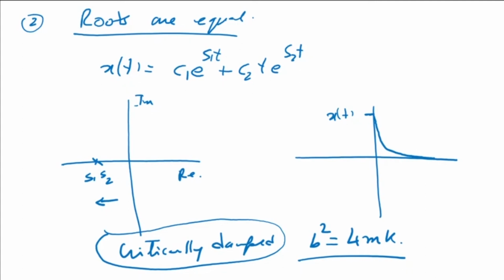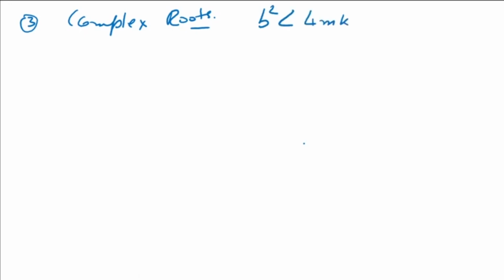What about the third case? The third case is the case where we have complex roots, which means that b squared is less than 4mk. Okay. Now in the case of complex roots, the solution is of the form x(t) is equal to c1 e raised to s1t plus c2 e raised to s2t.